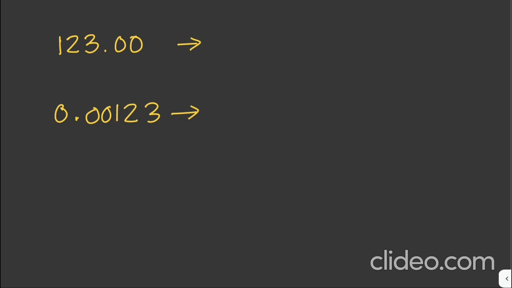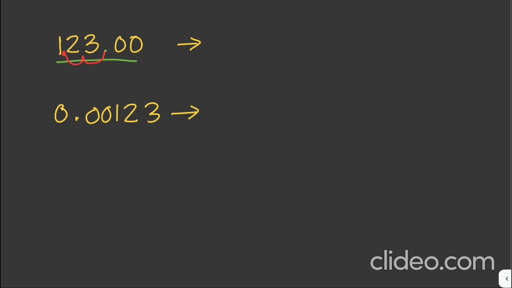Okay, how about these ones? We have here 123.00. Let's write this in scientific notation. Take note that our coefficient should be greater than 1, but less than 10. So in this case, we should move our decimal point to the left. So there will be 1, 2.